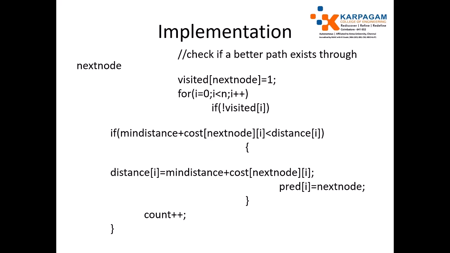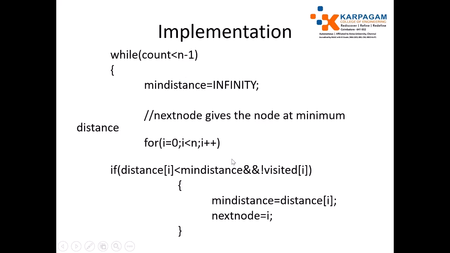If it is less, we just update it, otherwise do nothing, and increment the number of nodes visited step by 1. Already we counted 1 node. If you visit another node, then the count will increment by 1. In a similar way, the loop executes. This loop will terminate when count reaches n.